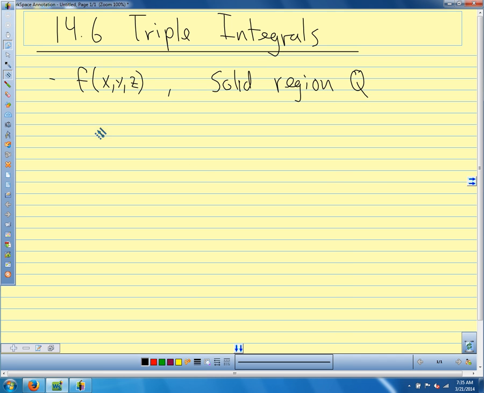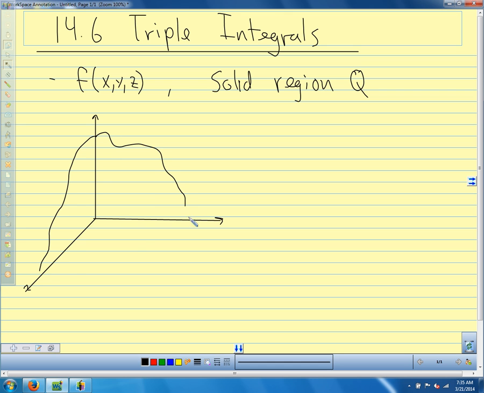So we're going to draw, like we've done before, a sketch of our arbitrary solid region. So here's our solid region above the first octant. And what we're going to do for triple integrals is, rather than dividing this region into little prisms, we're going to divide it into little rectangular prisms with our base on the xy plane.